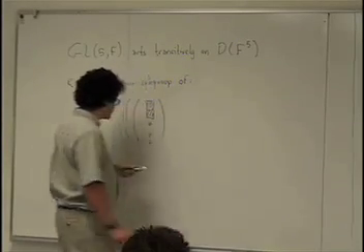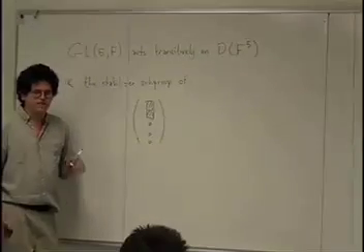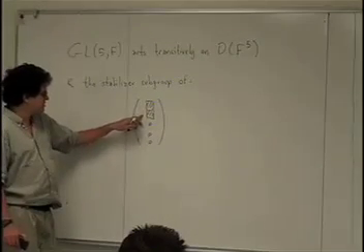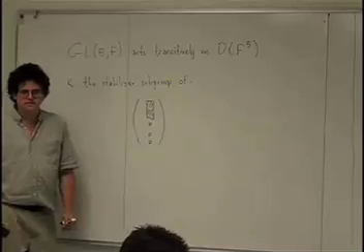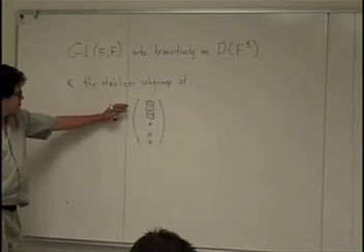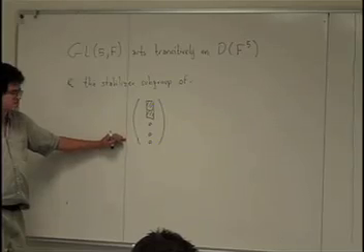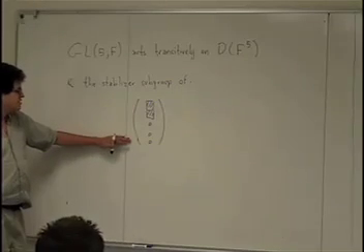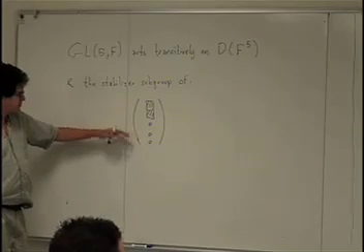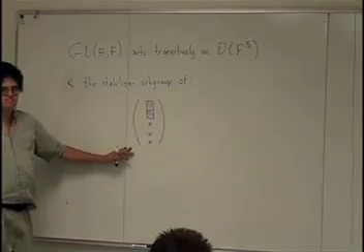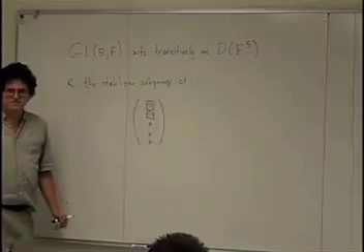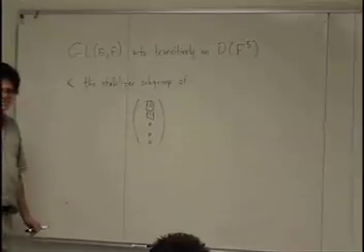It consists of all vectors that look like that: anything up here, anything here, zeros after that. I know it's a goofy notation, but this is a notation for a two-dimensional subspace of F5.